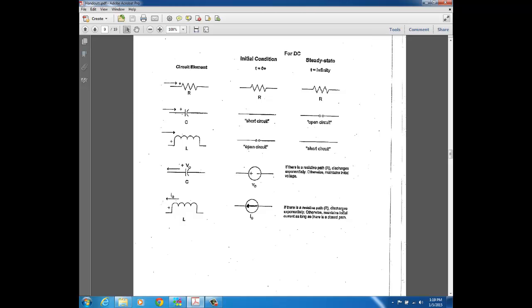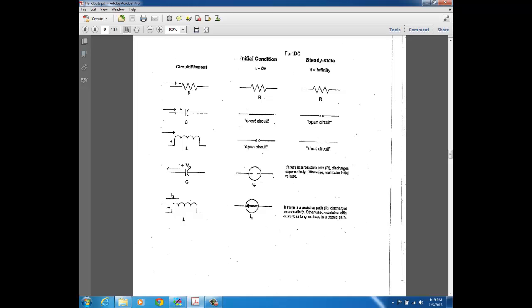So that is one of the big differences between the storage elements: once a capacitor has stored energy, you can remove it from a circuit and it still has that stored energy. But that's not true for an inductor. Once it's removed from a circuit, it no longer has current, so no longer has a magnetic field, so no longer has any stored energy.